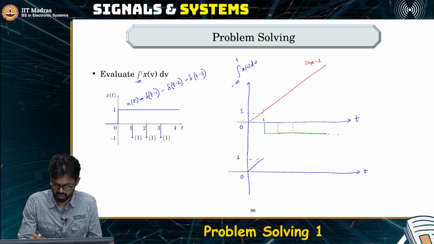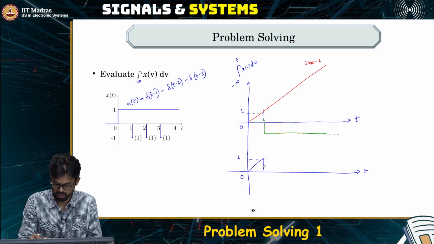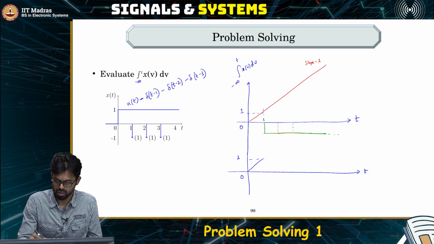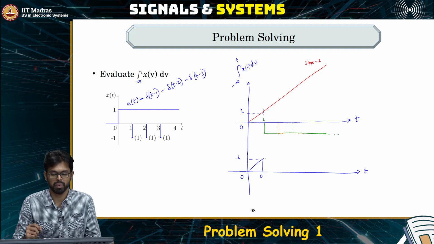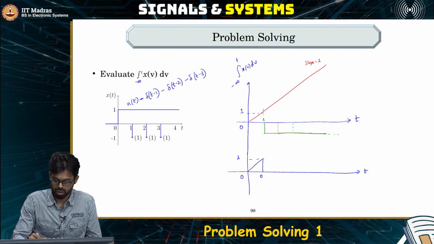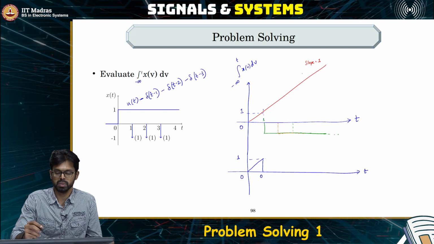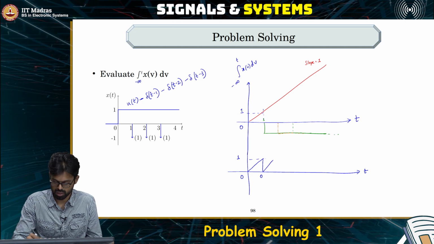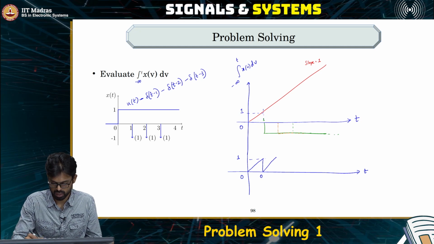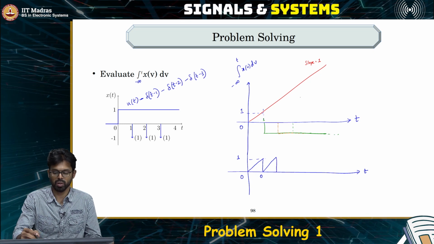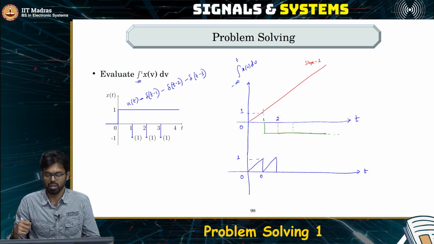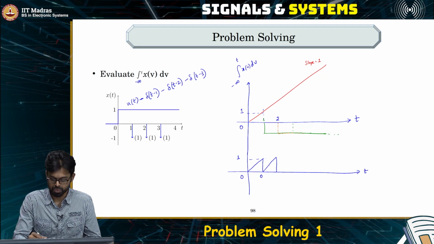So subtract it. At this point, it becomes 0. Okay. But then the signal actually keeps increasing. It increases, and then once again it becomes 0 because of this Dirac delta's integral at 2.